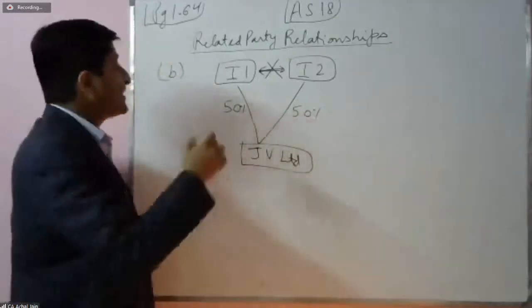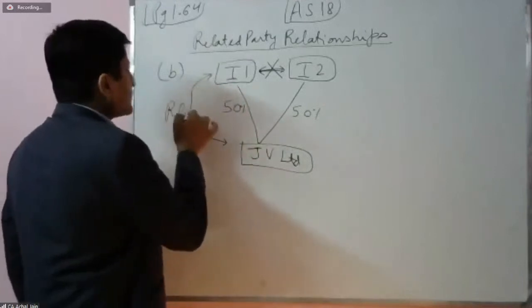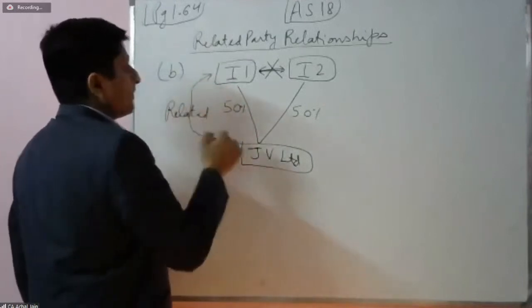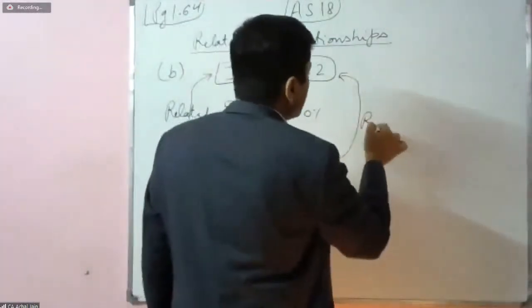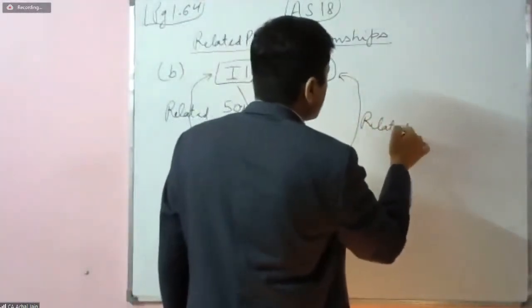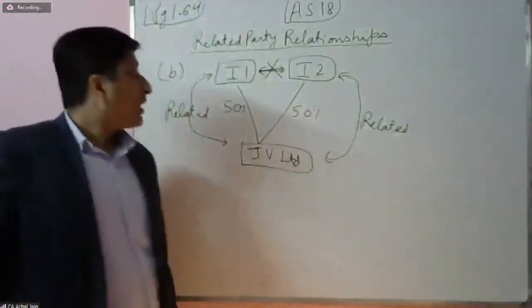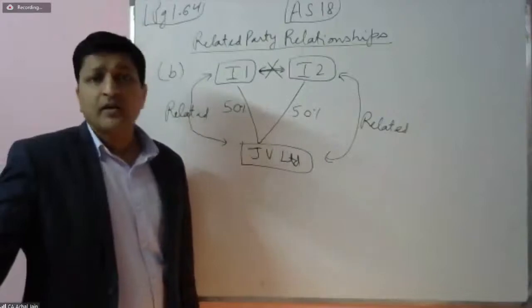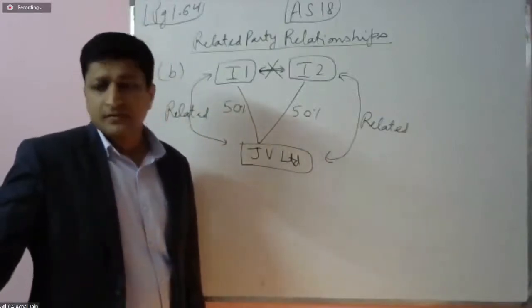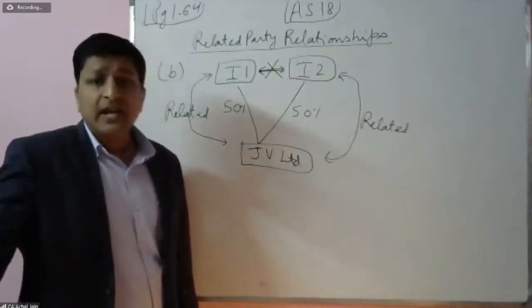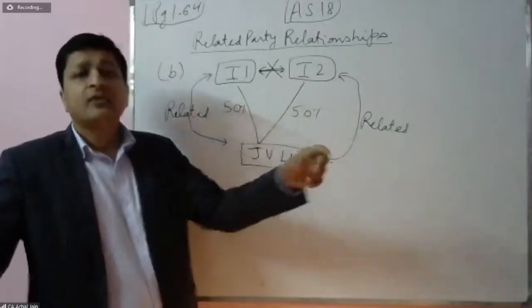But these two are related to each other, and these two are related to each other. I1 and JV are related, I2 and JV are related, but I1 and I2 are not related.